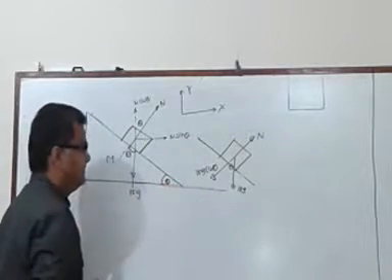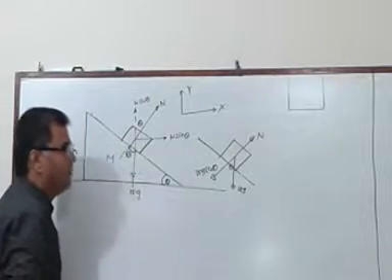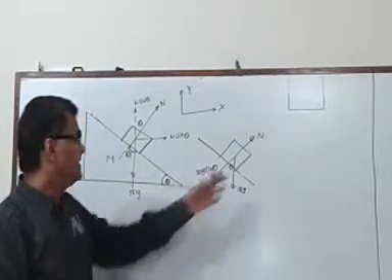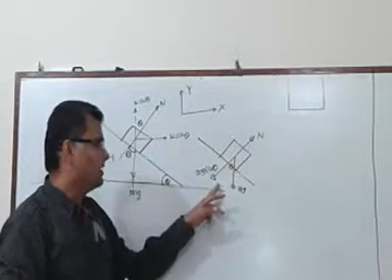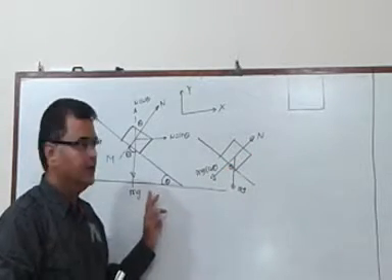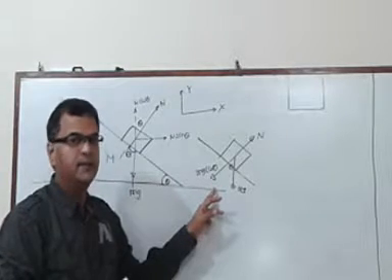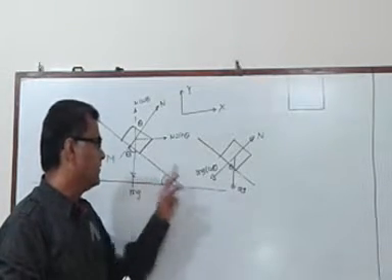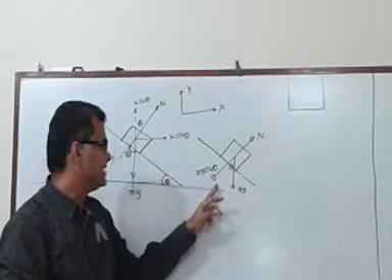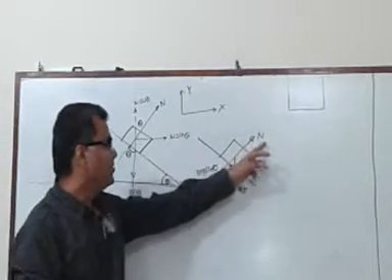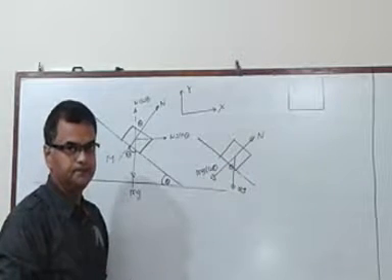That is why the most commonly found misconception here is we tend to write N equal to mg cos theta, which will be wrong in this case. N and mg cos theta will not be the same. Let me repeat, had the wedge been fixed, we could have said N is equal to mg cos theta, but here the wedge is also moving. So in fact, N is going to be less than mg cos theta.